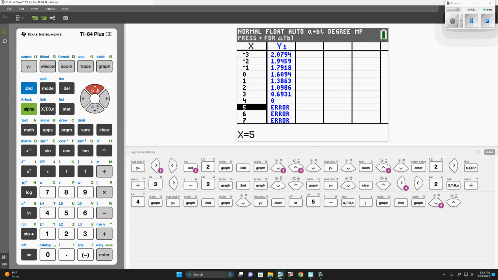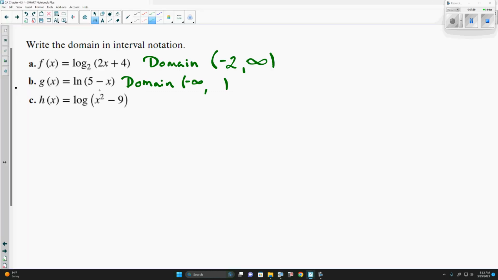Well, really the first one that gives us an error is 5. So here the biggest value that we're going to get is 5. And the real reason for either one of these here is because what's inside the logarithm cannot be 0 or negative, is where this is coming from.